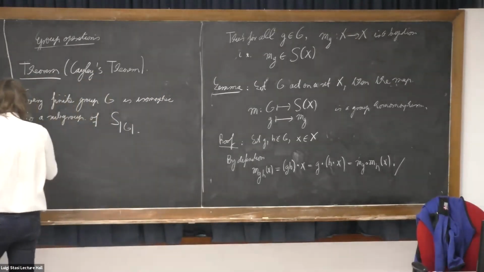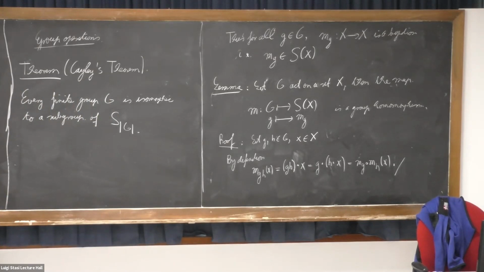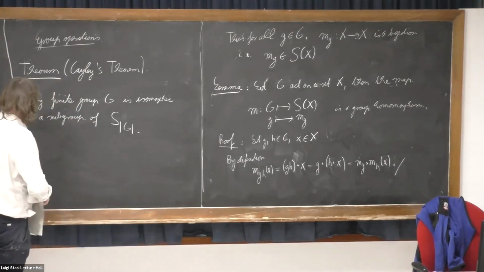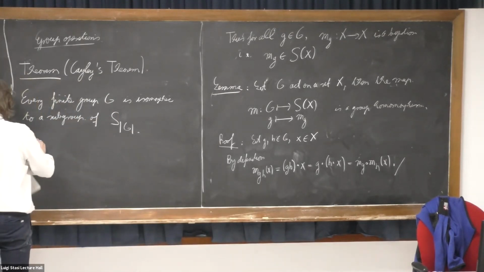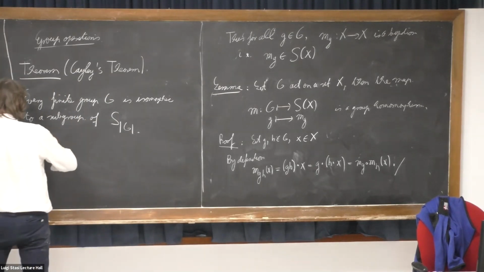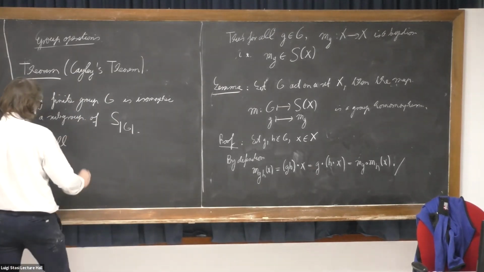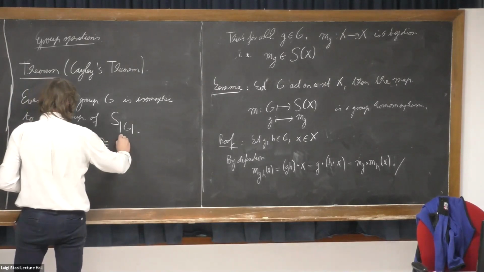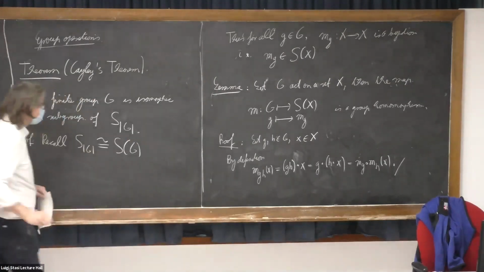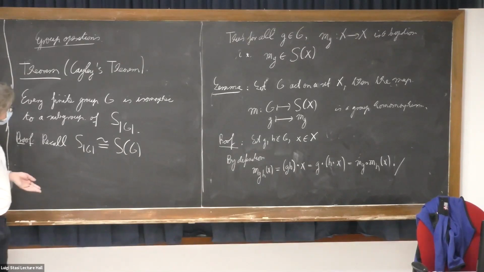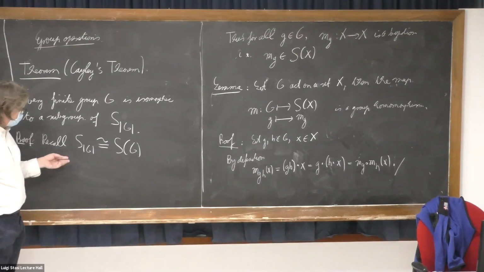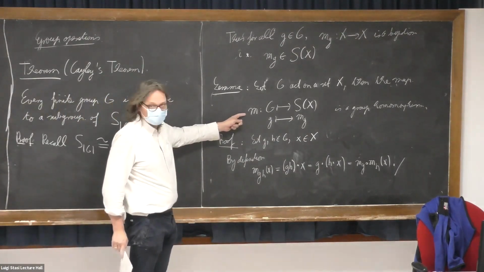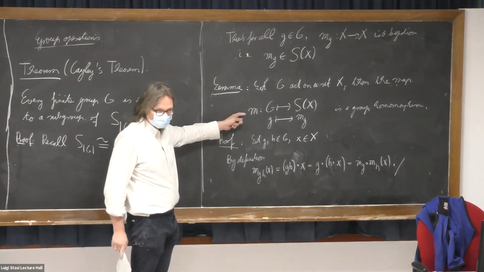Okay. And so we want to use this thing. So basically, we recall that S_G is isomorphic to S of G. So therefore, we want to use an action of G on itself such that this map here, this group homomorphism, is injective.